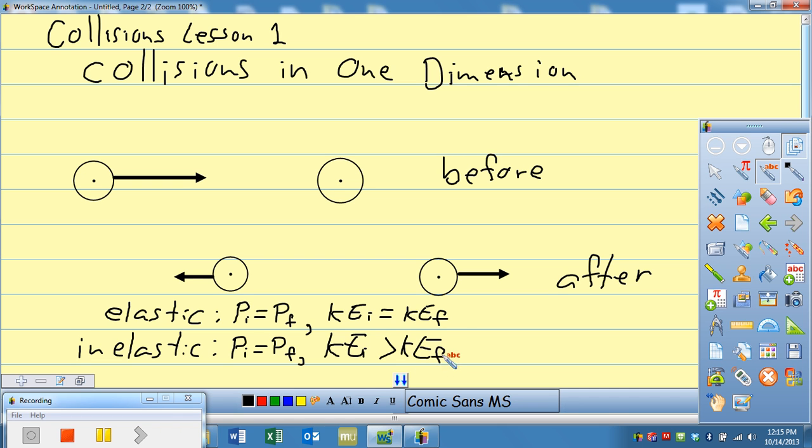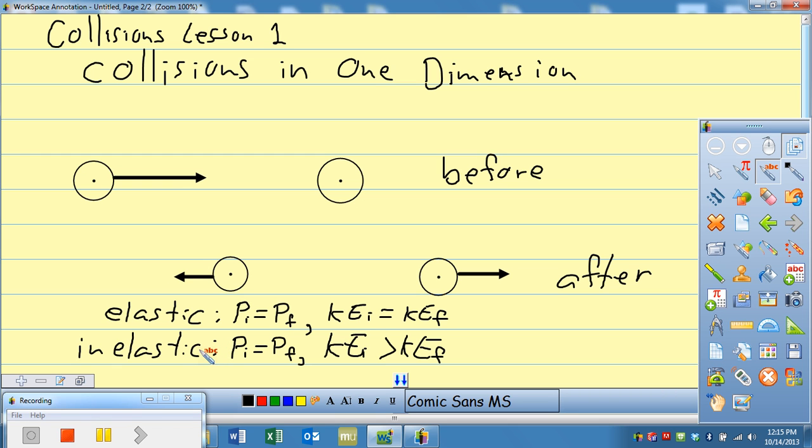That's because when they smack together, some energy is lost. It's possible that they heat up, and that's where the energy goes. Or one or both of the objects deform. They might even stick together. If they stick together, we consider it completely inelastic.